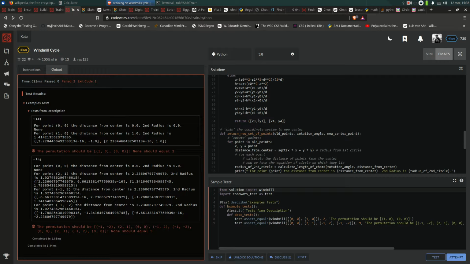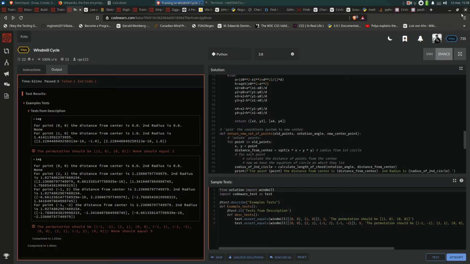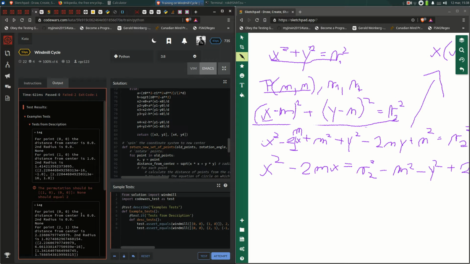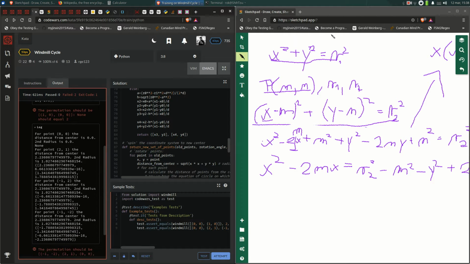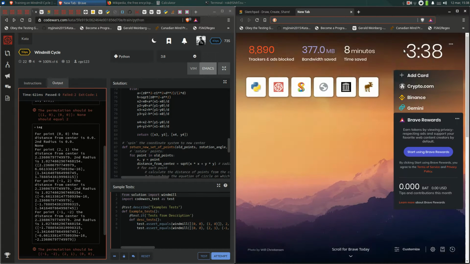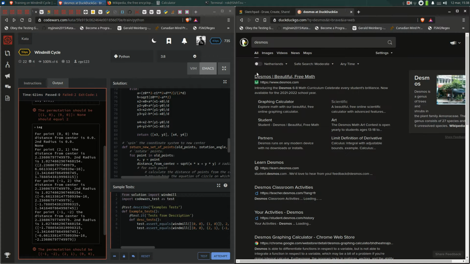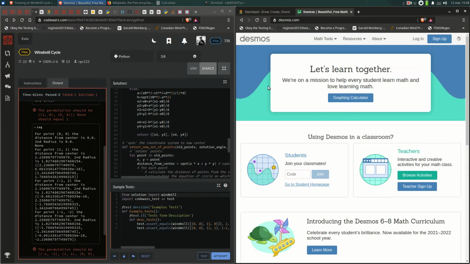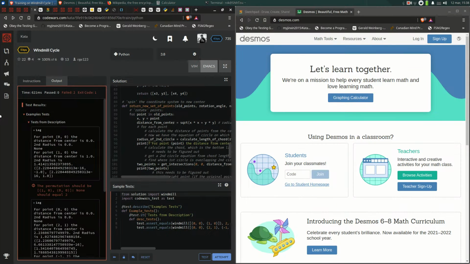And X, Y, Y, 3. All for this one, you know. Just do it for that one, yeah? Redo. Or we do Desmos, you know, Desmos. Oh, I think it should be 1. No, it should be 0, 0, right?